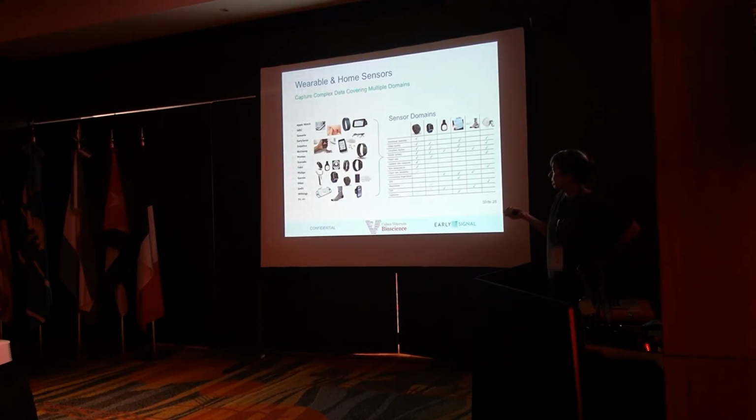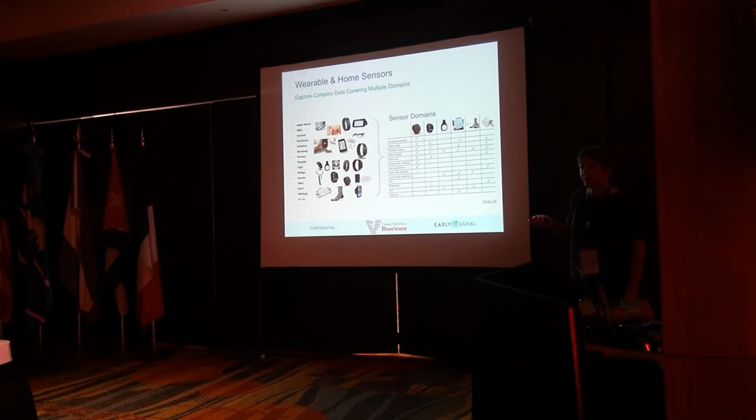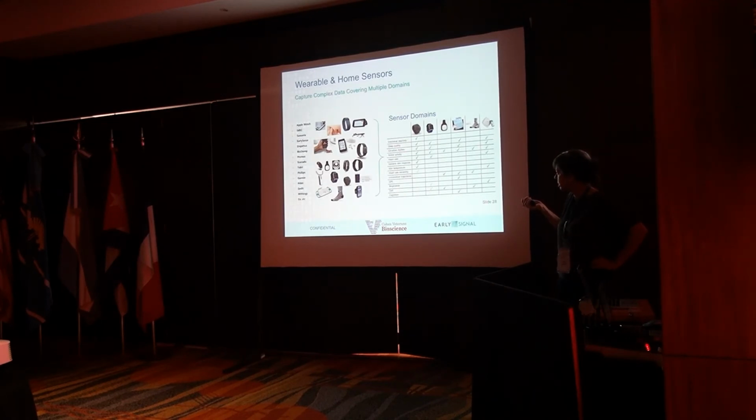There are lots of different wearable devices. There are electronic patches that you can stick to your skin, things for the wrist, bed sensors, things that you can hang from your neck, etc. And the iPhone or smartphone, which is also a sensor. And there are different domains, so you can look for emotional reactivity, sleep is a big thing, circadian rhythms, motor activity, etc. So this is now a big, very hot area of research.